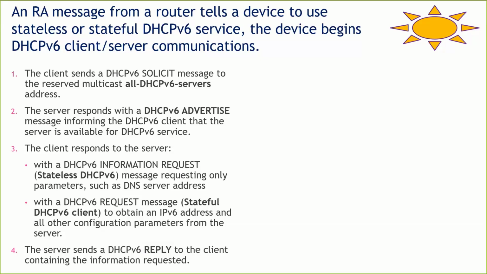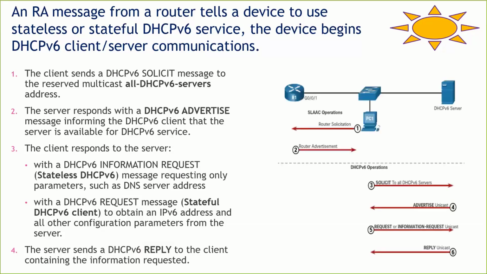I have one to advertise. That's great. I'd like to request it. Okay, I'm acknowledging or I'm giving you a reply. I'm responding with a reply. It is kind of annoying. I agree. Why can't they just call it the same thing? They could call it version 6 offer, a version 4 offer. It would be so much easier, right?